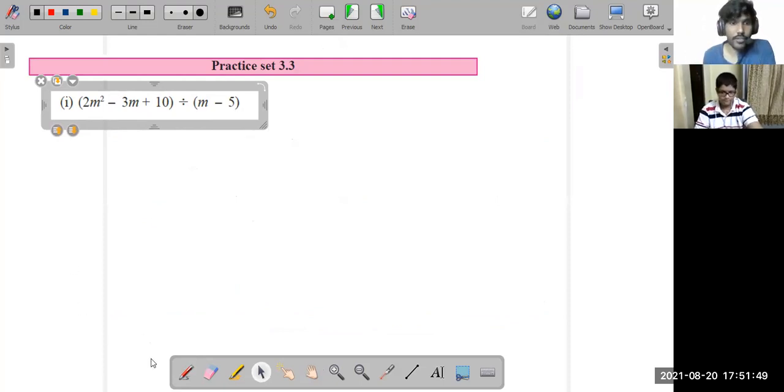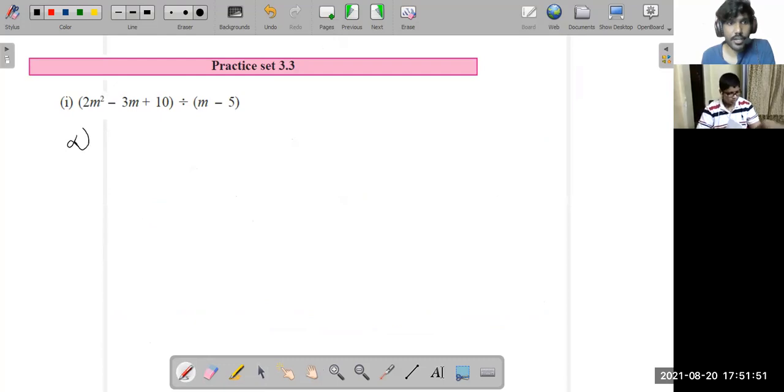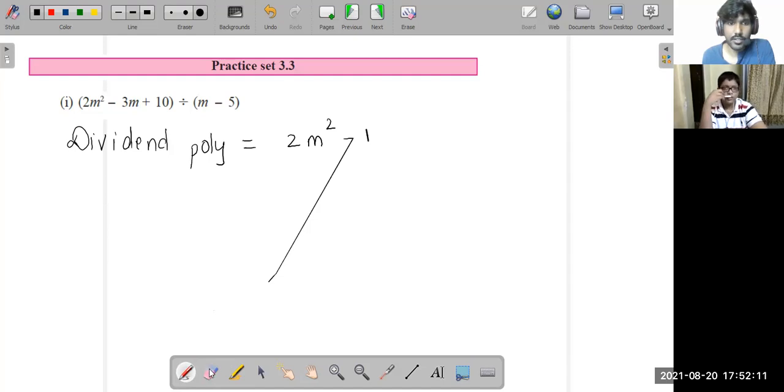So what is the dividend polynomial here? 2m square minus 3m plus 10. Is it in the index form, or do you have to make it? It's already in the index form, so no need to do anything.